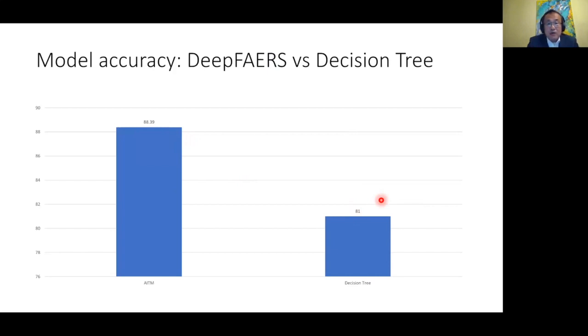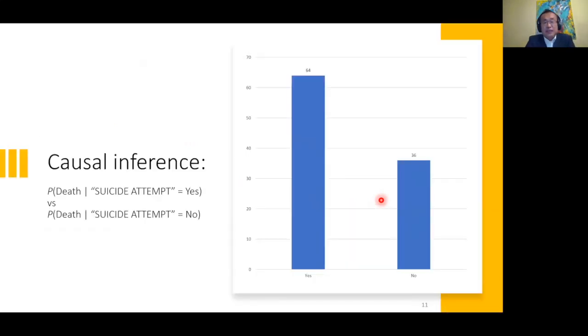And we also did causal inference using the so-called do-calculus. As you can see here, the conditional probability of the outcome being death, if we set the indication to suicide attempt, jumps from 0.36 to 0.64.